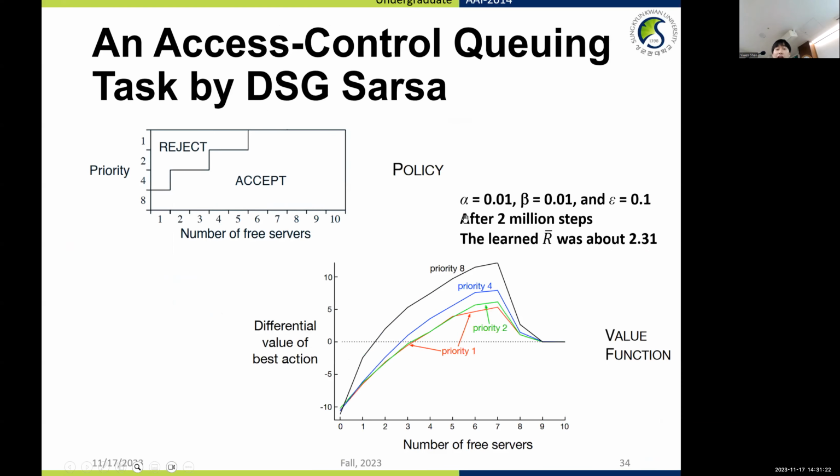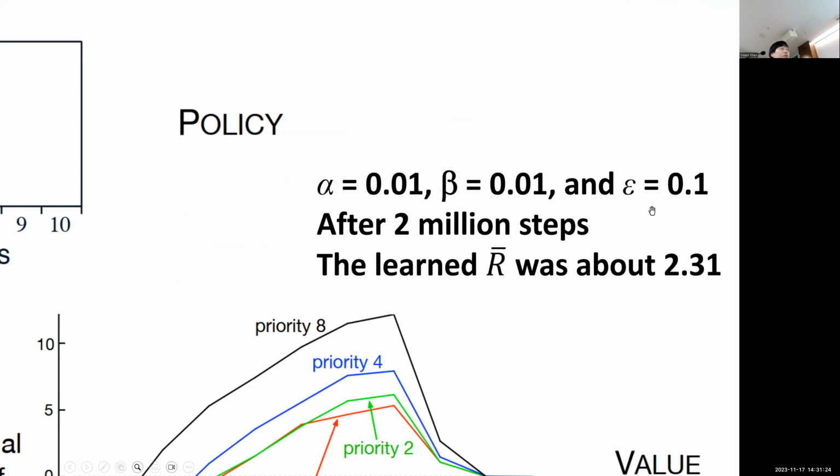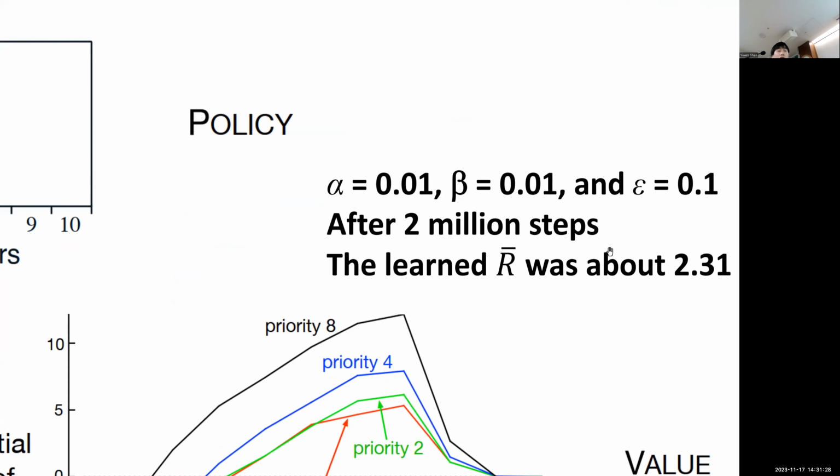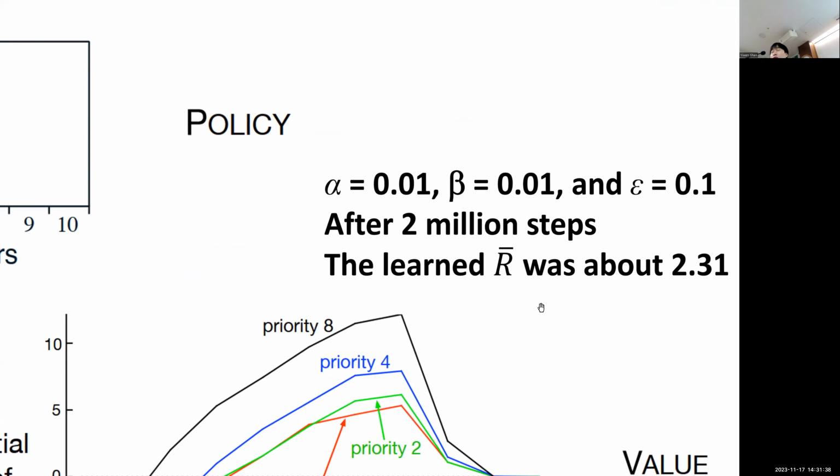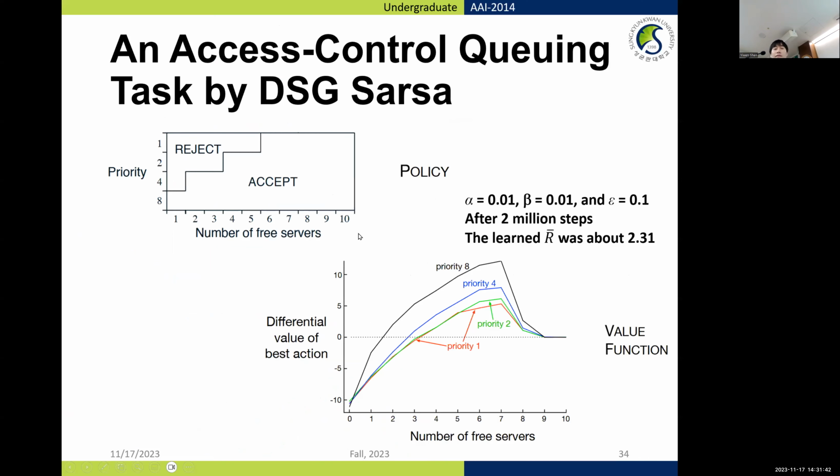Okay, other settings are here: alpha, beta, and epsilon. It's how we use the previous algorithm. After 2 million steps, which is large enough, the learned average reward was about 2.31. Actually, it's not that low, if you consider the rewards 1, 2, 4, 8.